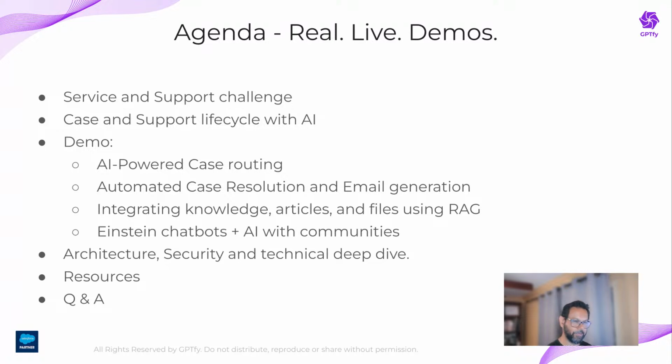We'll show very interesting things around how you can route your cases using AI, how you can automate case resolution and email generation, and how you can integrate knowledge articles and files using RAG. And finally, we will also show a little bit about Einstein chatbots and some very interesting stuff we are doing there by hooking chatbots up with AI and RAG. We'll get into a little bit of architecture and security, share some resources, and we have some Q&A.